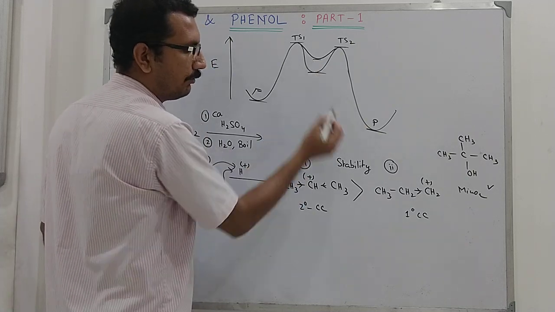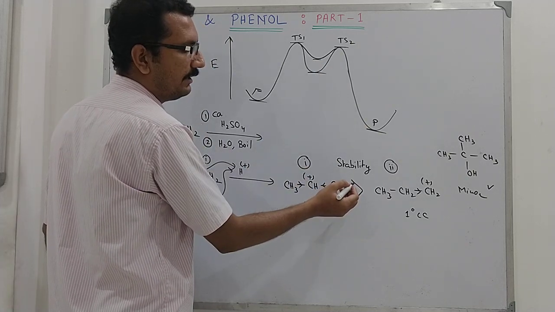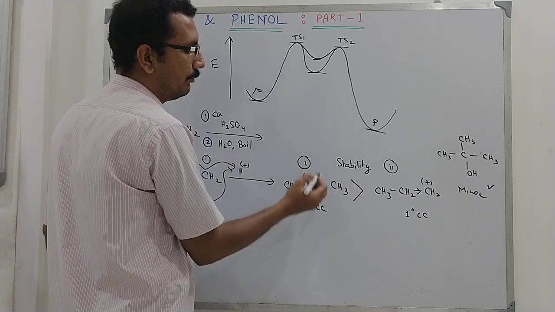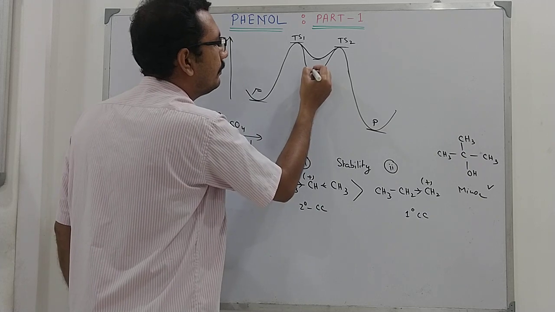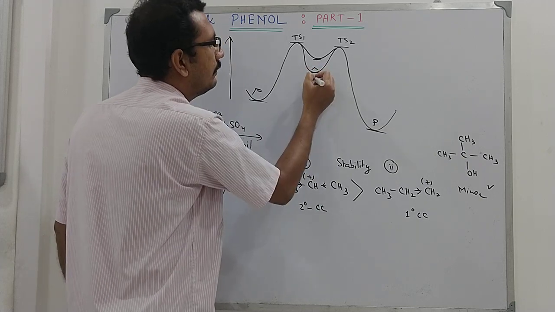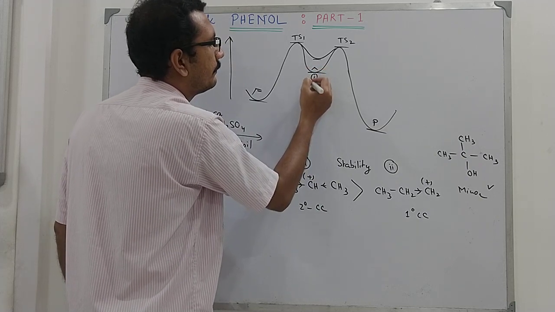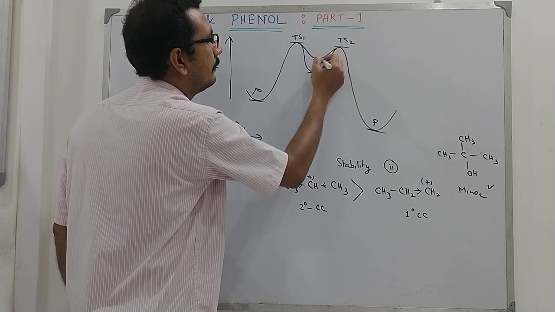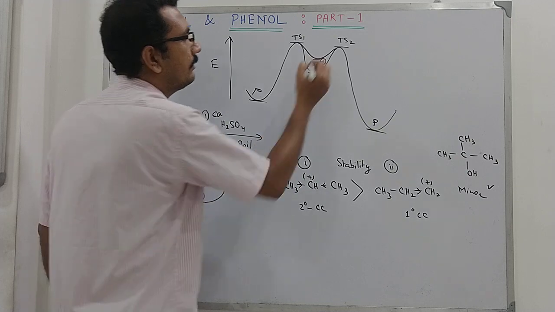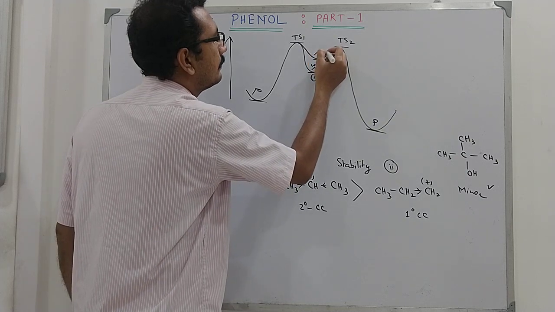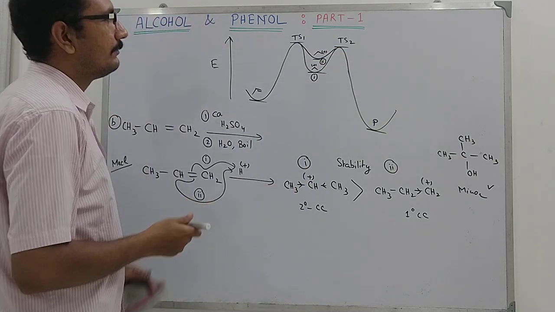The more the energy, the more the instability; the less the energy, the more the stability. So here we will have structure 1 and here we will have structure 2. It is the 2 degree carbocation and it is the 1 degree carbocation.